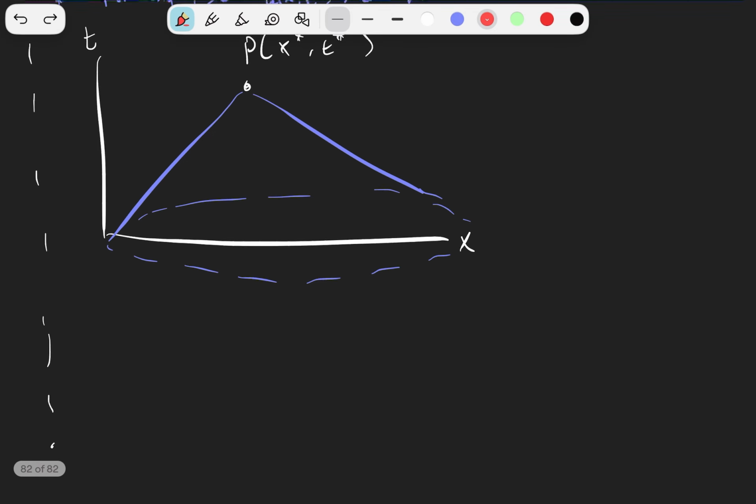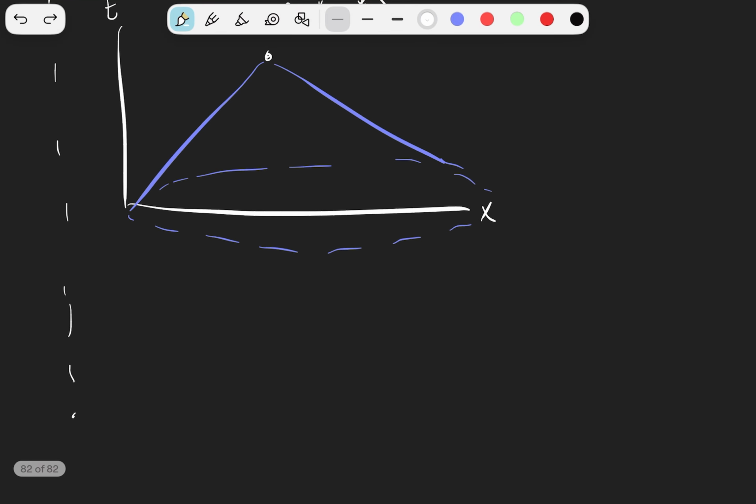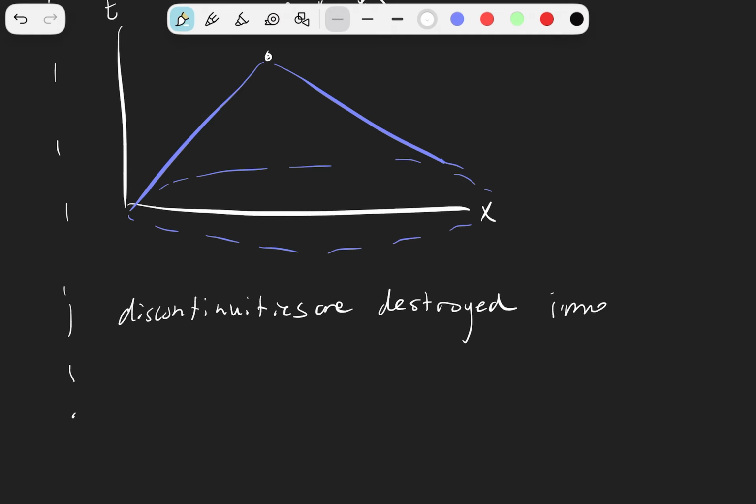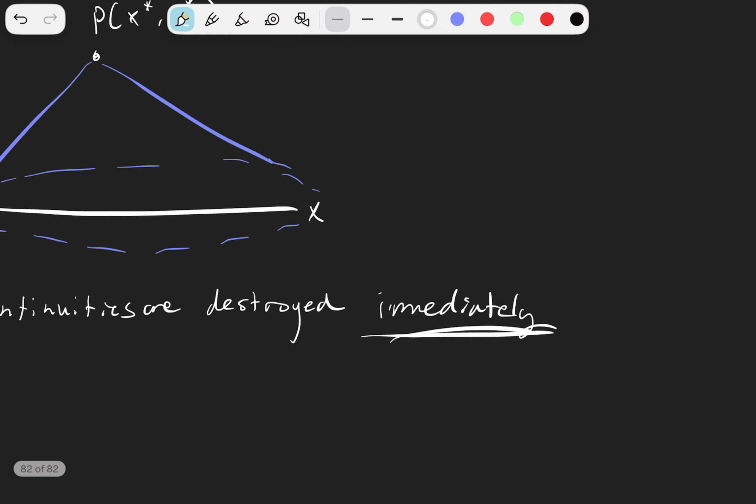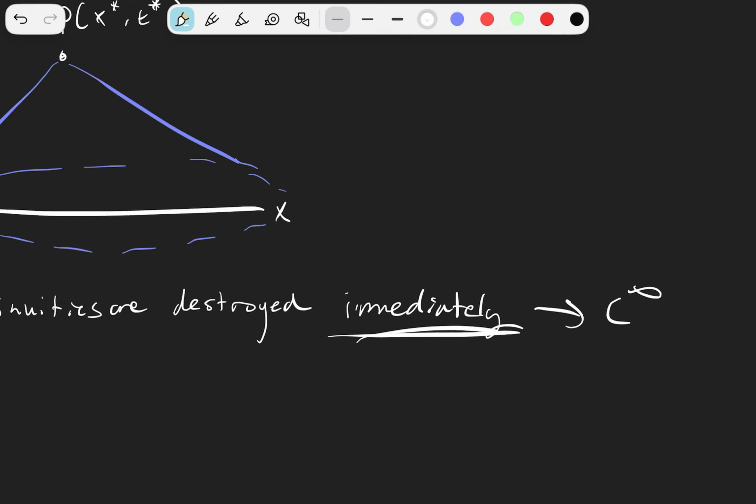And so discontinuities are destroyed immediately. And any rough data will just become smooth, will become infinitely continuously differentiable.